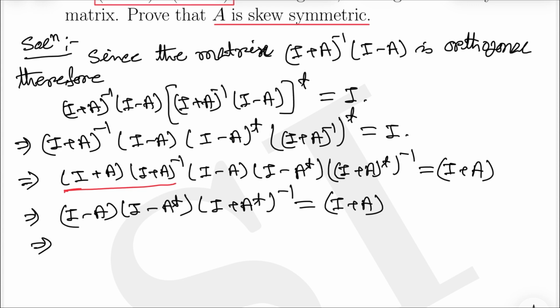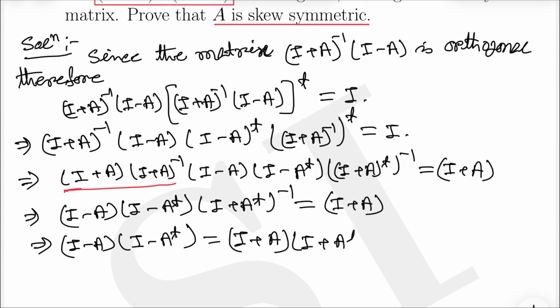Now again multiply (I plus A) transpose from the right side, we will get (I minus A) into (I minus A) transpose is equal to (I plus A) into (I plus A) transpose.